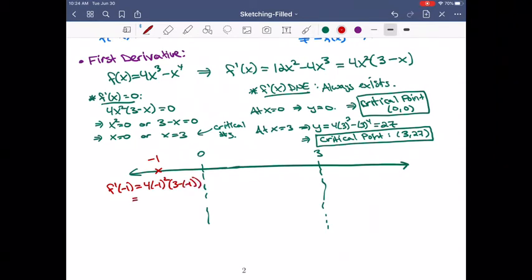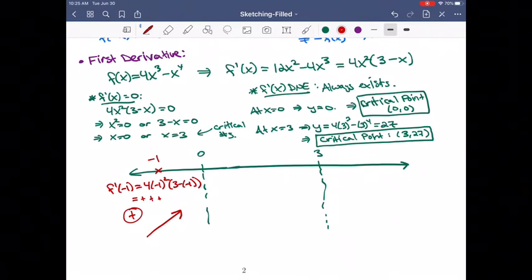Now, I don't actually care to compute this number, but if you want to, it looks like it's going to be 16. But basically, I have a positive. The 4 is positive, -1 squared is positive, and 3 minus -1 is also positive. So if I multiply 3 positives, I get a positive number, which means that I'm going to be increasing on this interval.